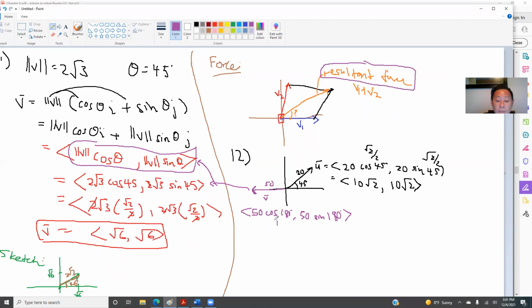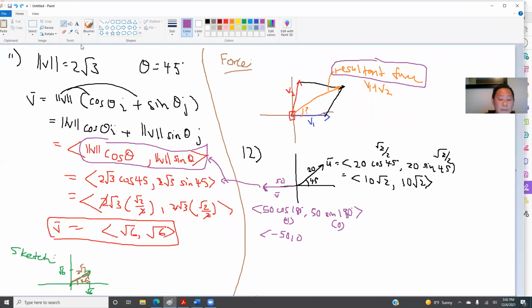Cosine 180 is negative 1, sorry, because it goes that way. Sine 180 is 0. So this is actually <-50, 0>. This is for vector V.